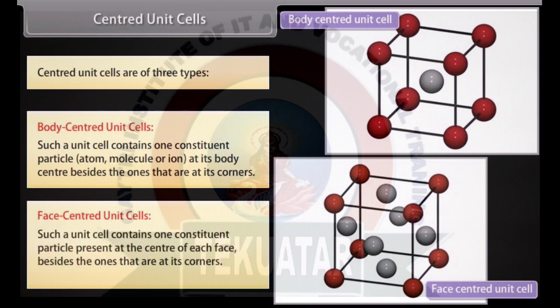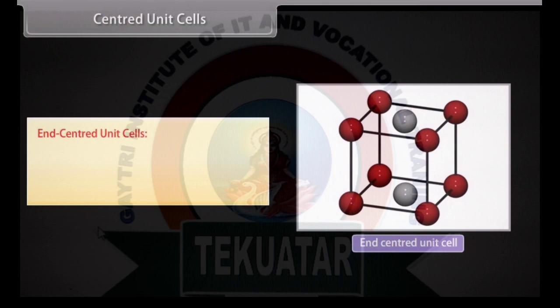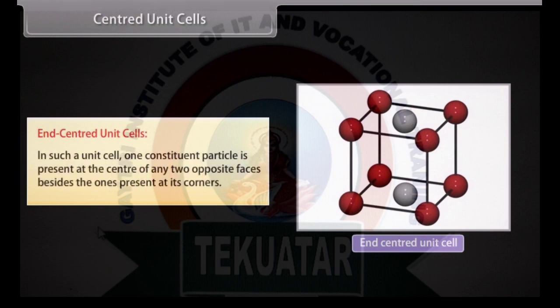Such a unit cell contains 1 constituent particle present at the center of each face besides the ones that are at its corners. 3. End-centered unit cells. In such a unit cell, 1 constituent particle is present at the center of any 2 opposite faces besides the ones present at its corners.